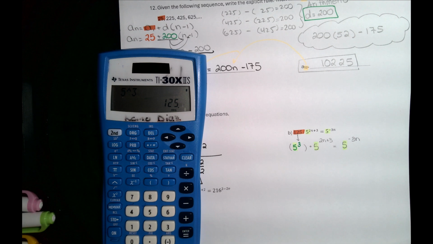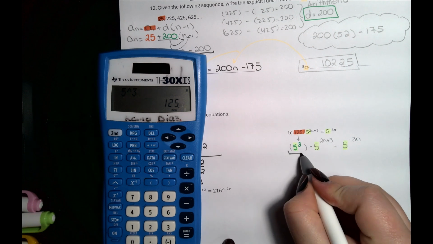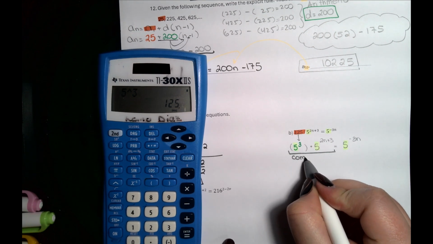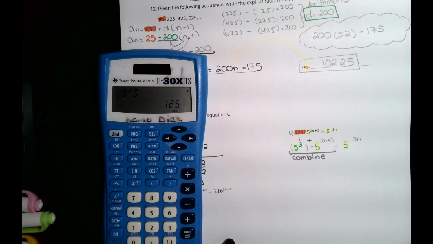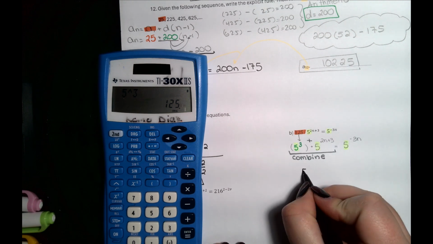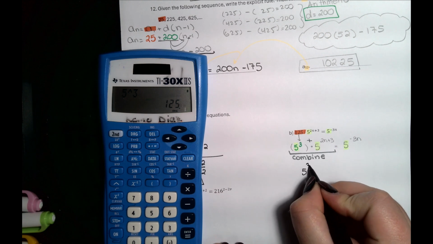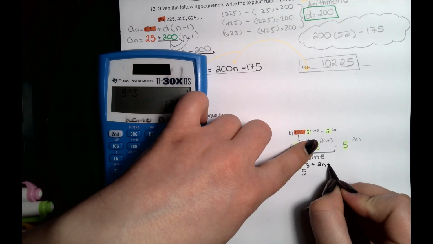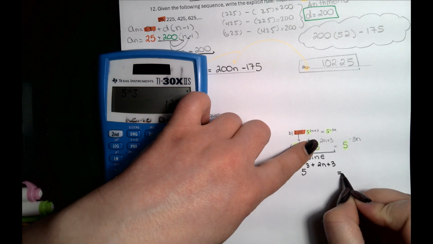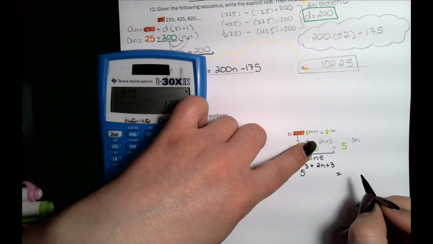This is not a level 1. You cannot eliminate the bases unless it's a level 1. Your next step is to combine. When you have the same bases, you're going to add the exponents together. So you will have one base of 5. You're going to have 3 from here, and you're going to have 2n plus 3 from your second exponent.